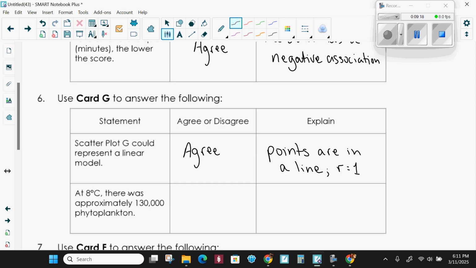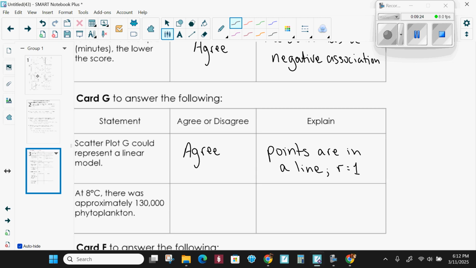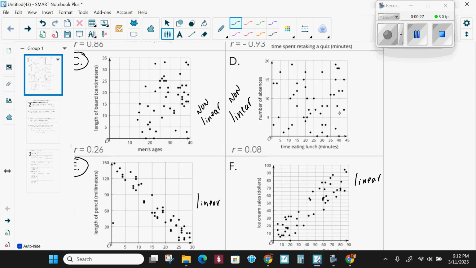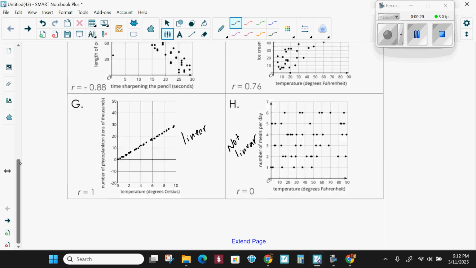At 8 degrees, there was approximately 130,000 phytoplankton. Okay, so if we look here at G, 8 degrees is right here, and you can see that this only goes up to 20 something thousand. So there's no way there's 130,000 because that would be well above this one anyway.